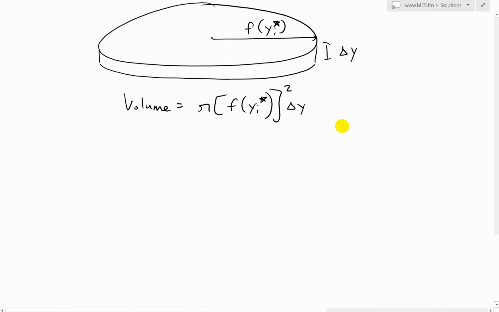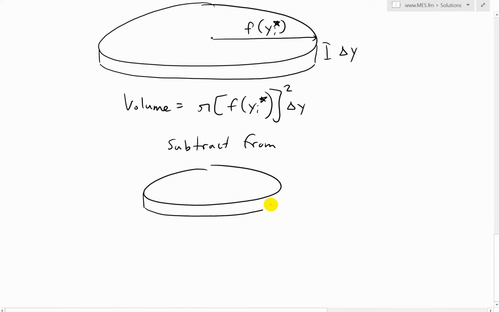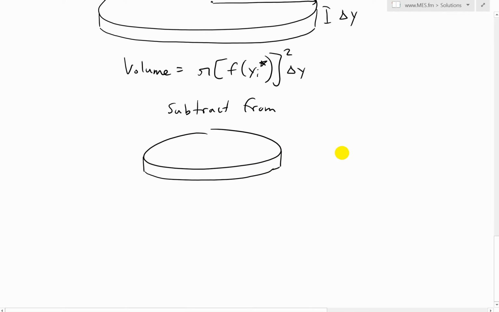Then what we do is subtract from the total volume the small volume, which is from here to here, with g of yi star as the radius and again the same delta y.